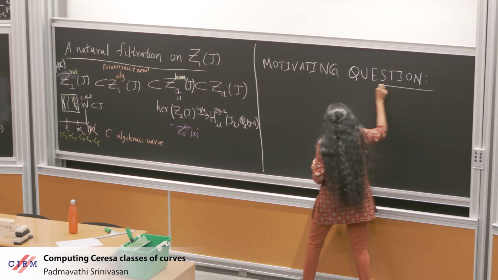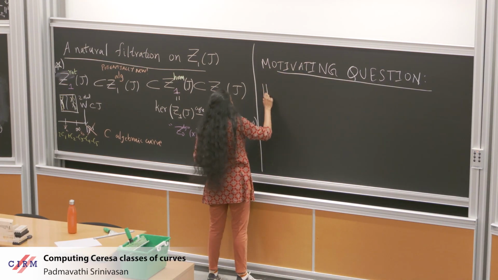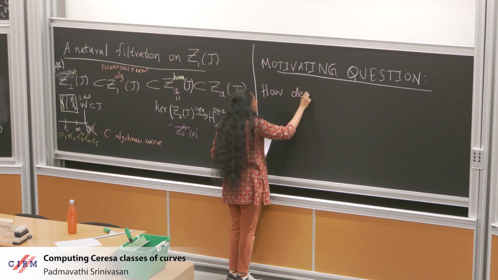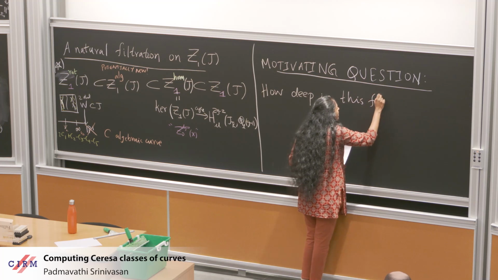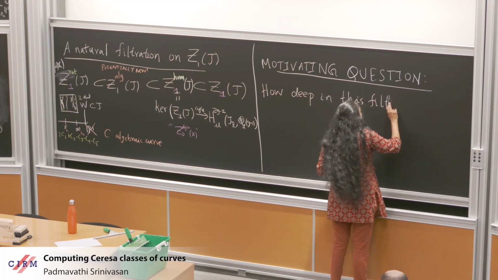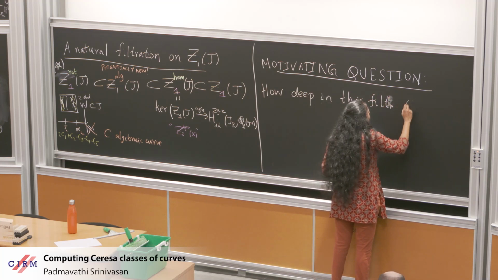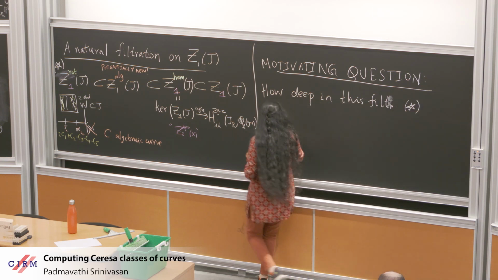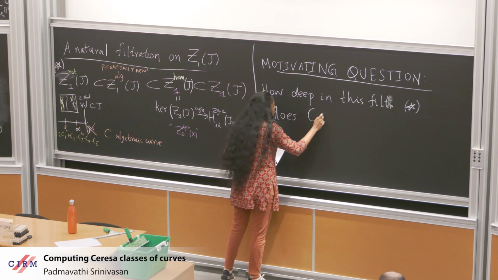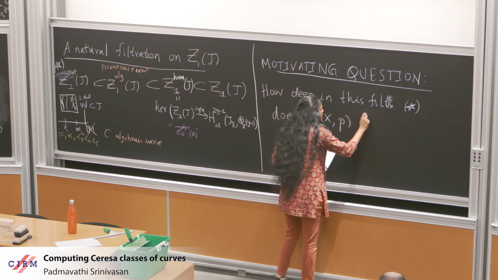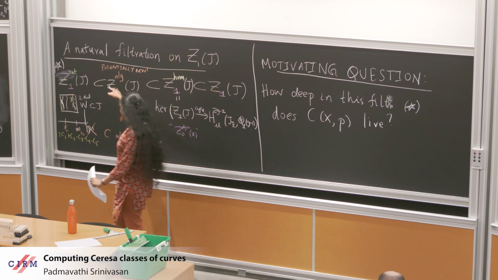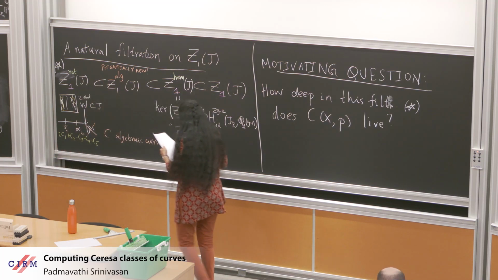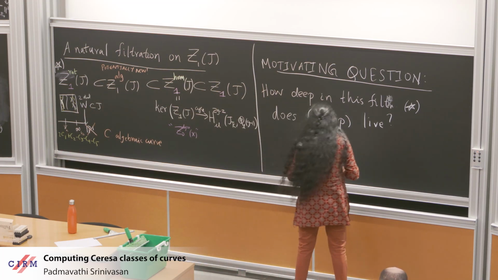So the motivating question is how deep in this filtration does the Ceresa cycle live? Is it actually homologically trivial? Is it algebraically trivial? Is it rationally trivial?